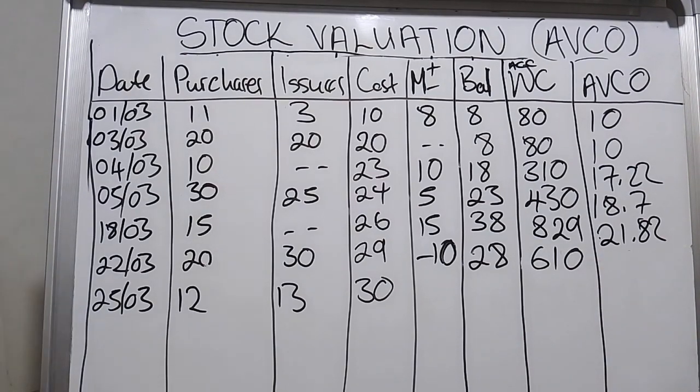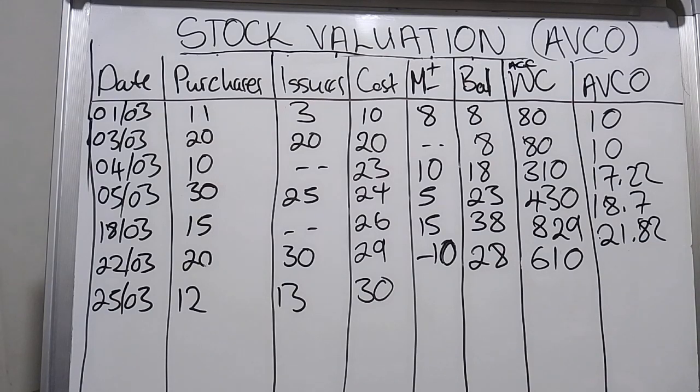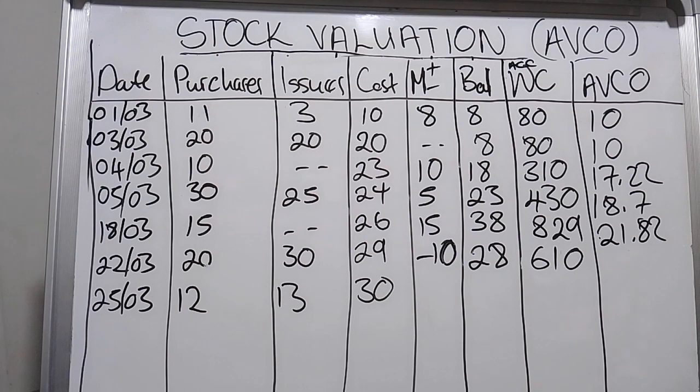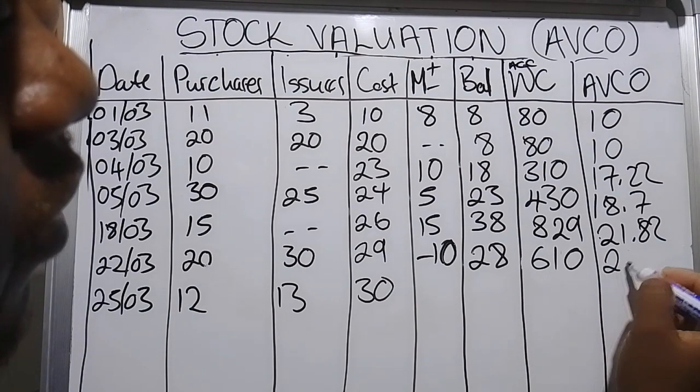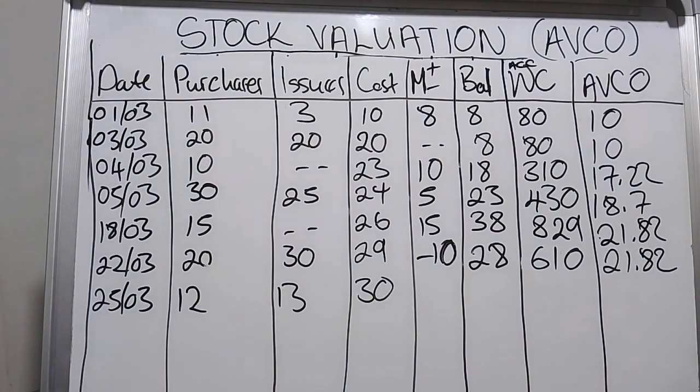And the average cost will remain the same. It will remain 21.82. So if we divide 610 by 28, we remain with 21.82. So this is what we were talking about, that a negative movement does not have an impact on the average cost.